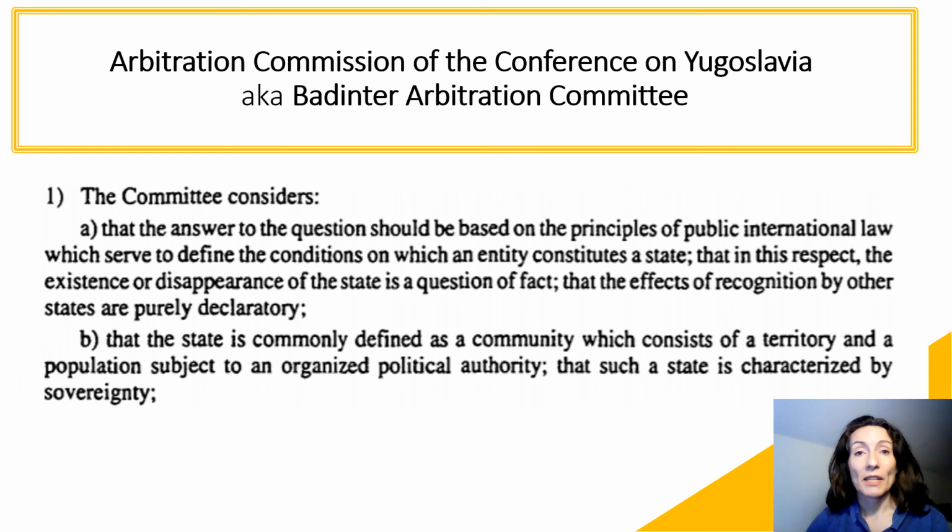On the other hand, the Badinter Arbitration Committee issued 16 opinions of great relevance for the final outcome of this process. They touched on fundamental issues regarding self-determination and territorial integrity, among others, but we are here only interested in the topic of recognition of states. Its first opinion adopted a declaratory approach to the recognition of states, recalling the Montevideo criteria for statehood.